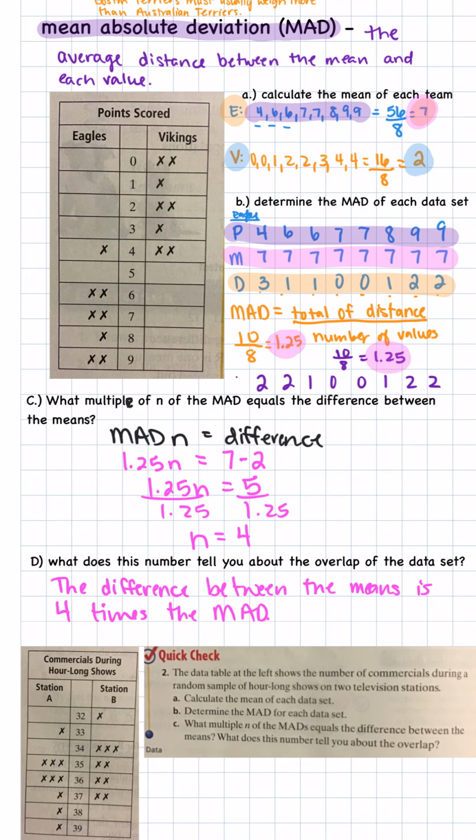There is a little overlap in the data set, which the data table confirms, right? Because this is the only overlap right here. That's not much at all. Okay, so the difference between the means is 4 times the MAD, and the distance between the centers is greater than the variability.